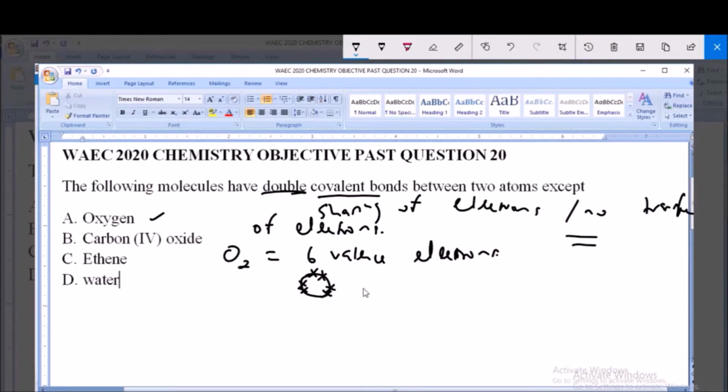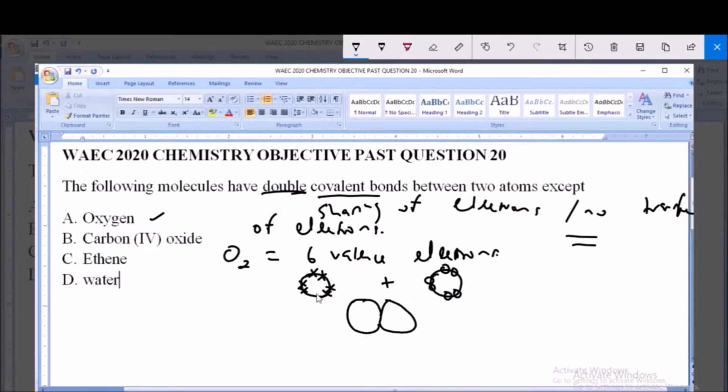So you have 6 valence electrons, and then you have another with 6 as well. So when they combine, they form something like this.